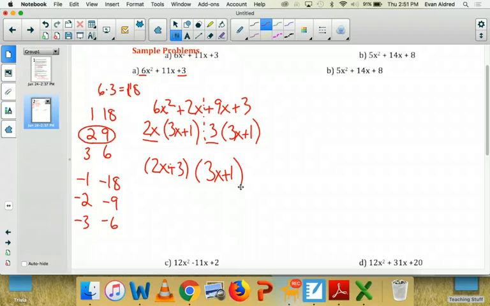Okay? If you wanted to check it, then you would just use, as we did before, the distributive property and make sure that you end up back where you started. So if we wanted to check this one, we would take 2x and distribute it amongst both parts of the second binomial, and 3 and distribute it by both parts of the second binomial, which gives us 6x squared. 2x times 3x is 6x squared, plus 2x, plus 9x, plus 3.